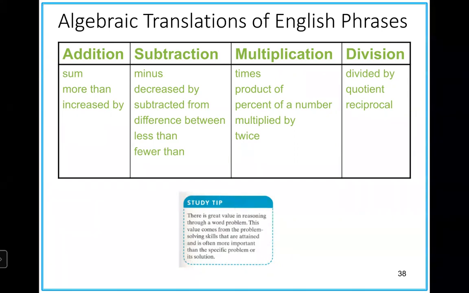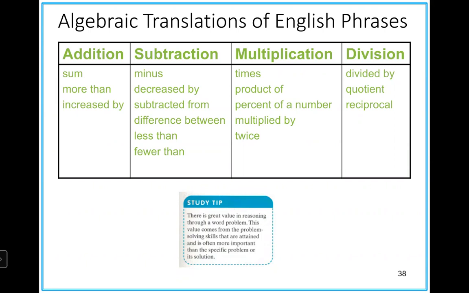Some other words for subtraction: minus, decrease by, subtracted from, difference, less than, fewer than, often implies subtraction. Then you see words like times, product, etc., meaning multiplication. And of course, the last column is showing you some of the words that imply division.